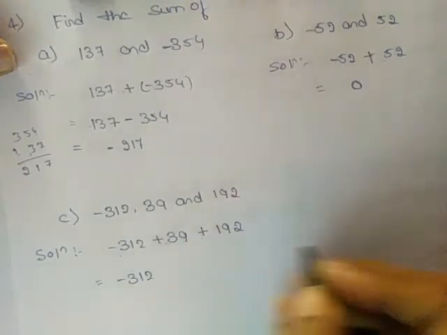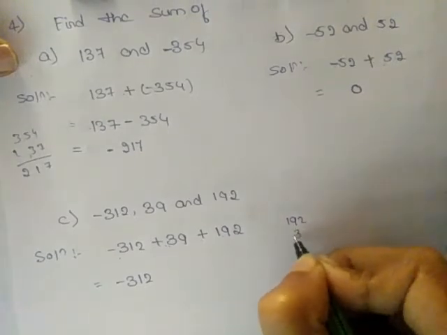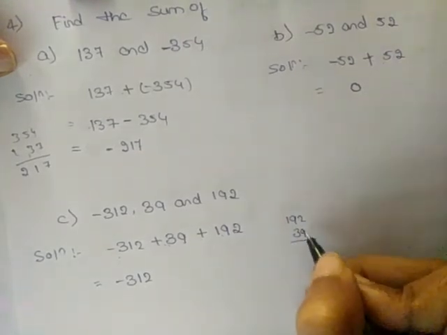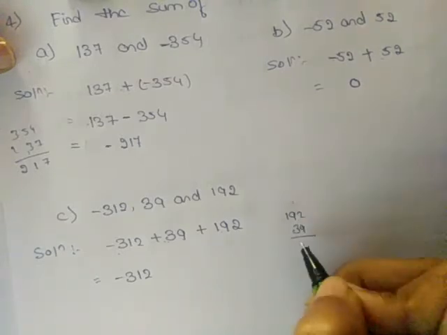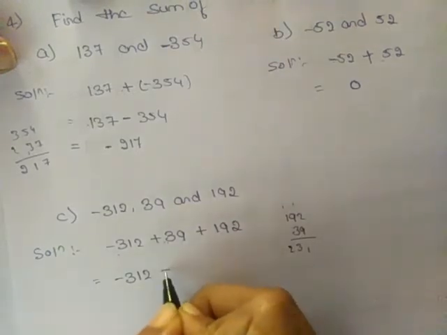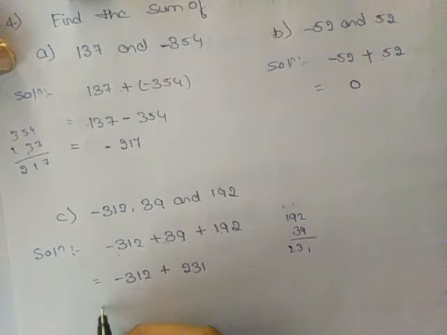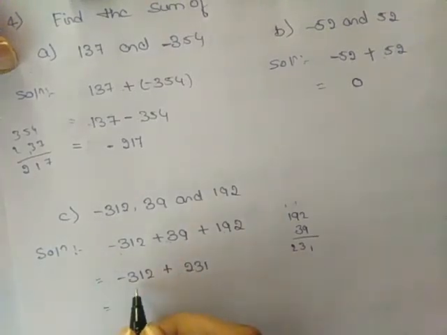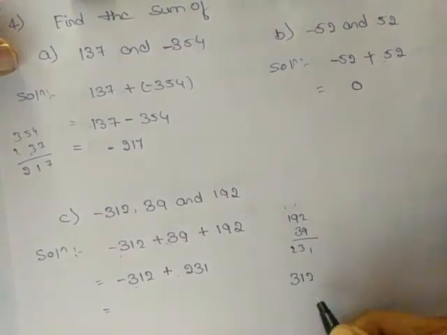We get 231, bigger number sign, plus. Again we need to minus these two values because they have different signs. The bigger number is 312.